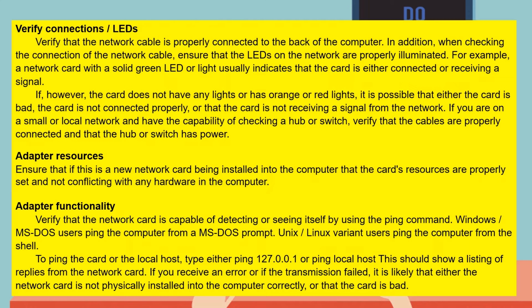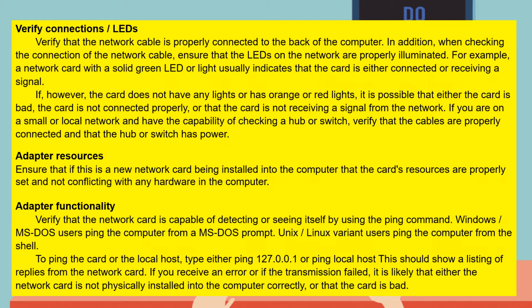Adapter functionality. Verify that the network card is capable of detecting or seeing itself by using a ping command. Windows or MS-DOS users, ping the computer from an MS-DOS prompt. Unix or Linux variant users, ping the computer from the shell.